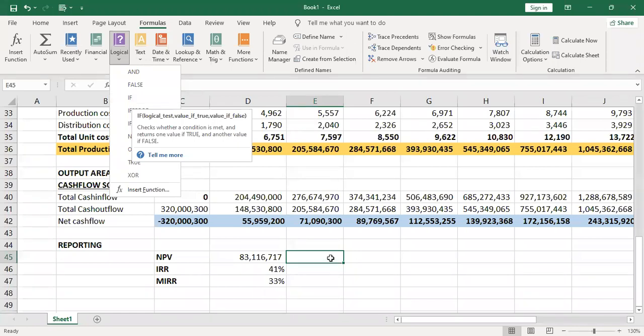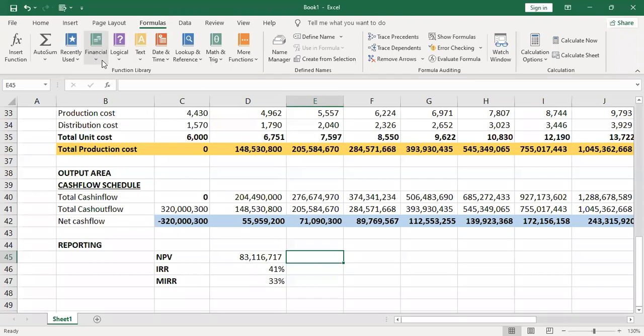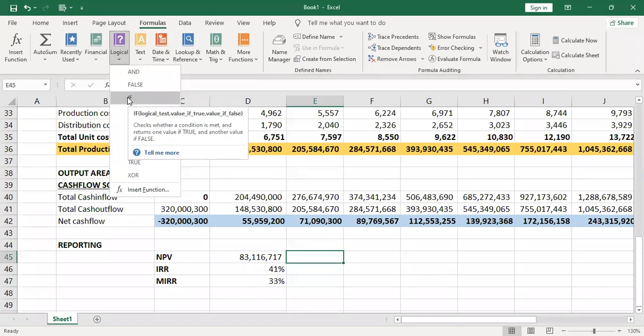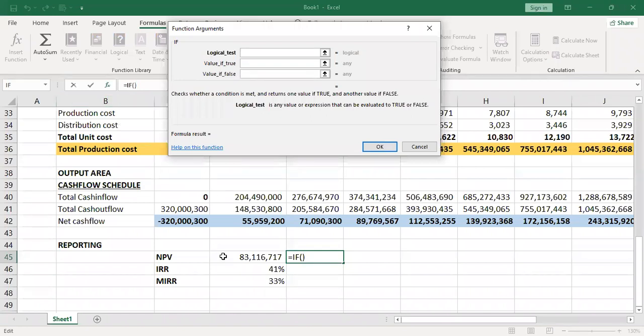Formulas, logical, IF. Logical test, click on the NPV value.